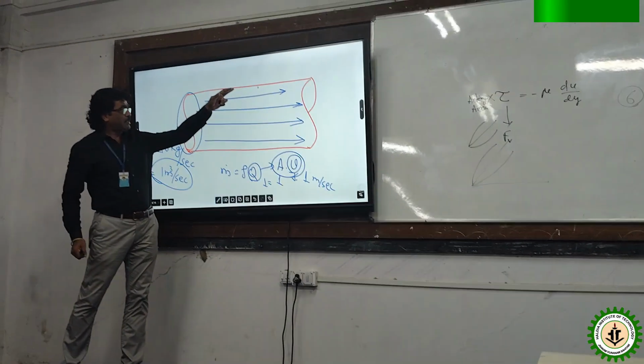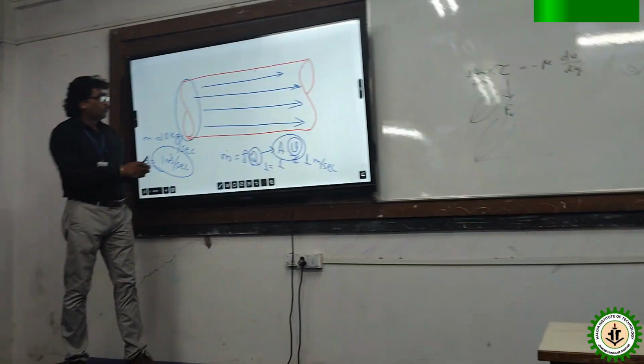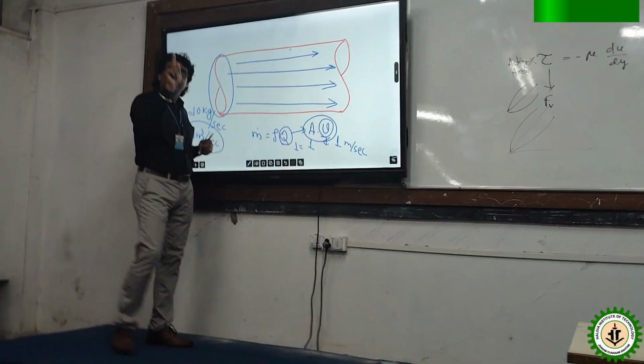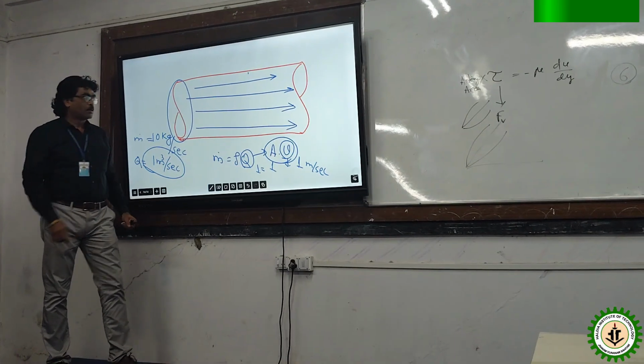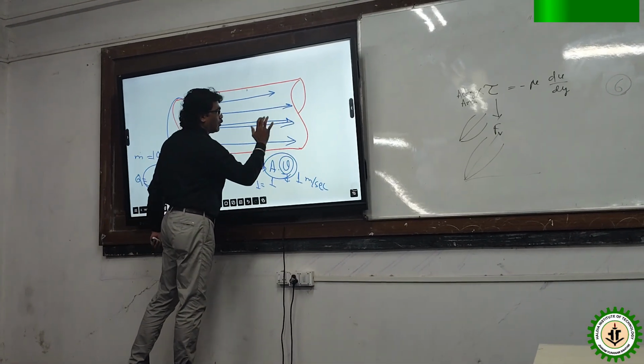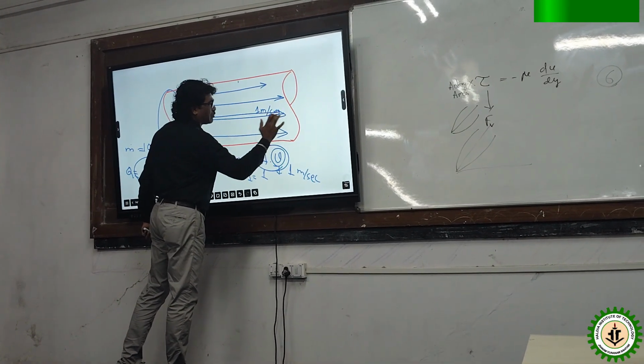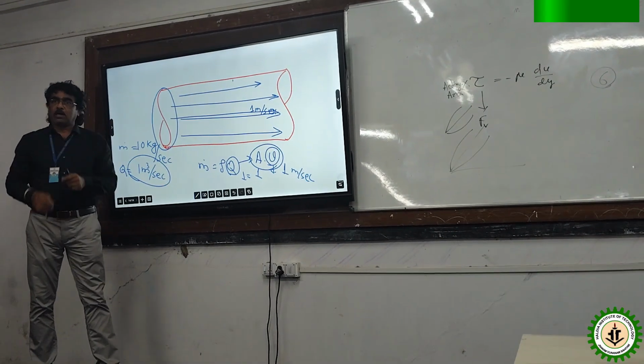Now tell me, in this total cross-sectional area, which layer will be at 1 meter per second? The middle one. If this one is 1 meter per second, that is the maximum one.